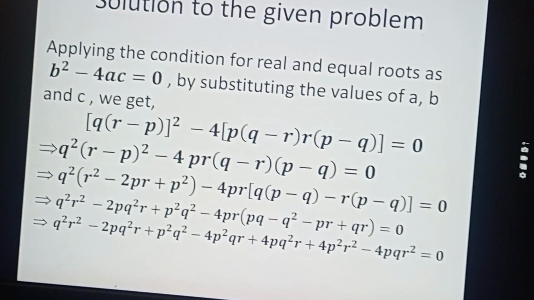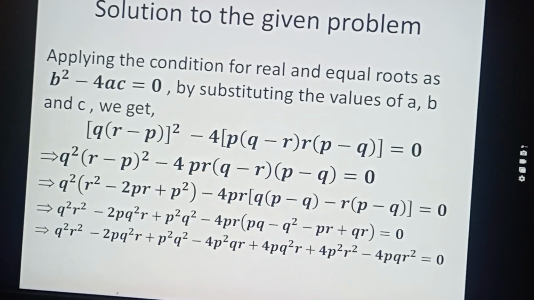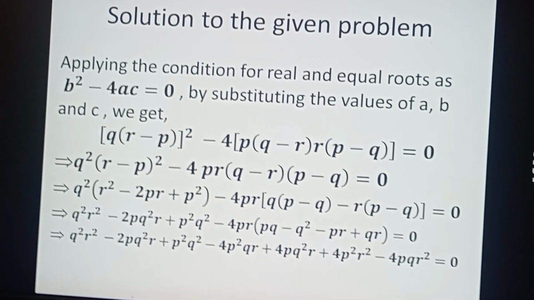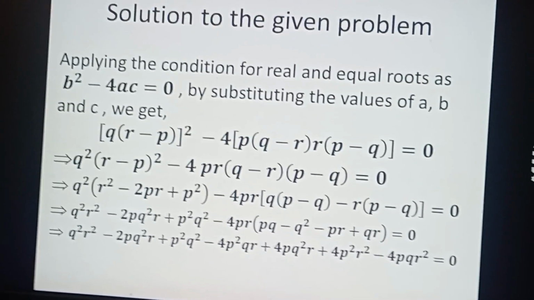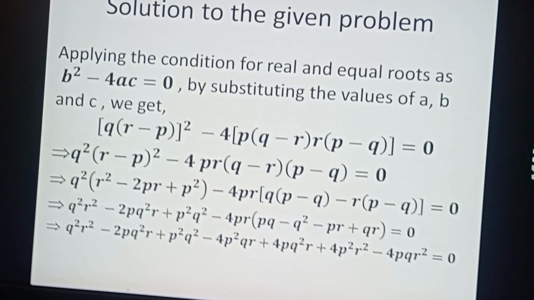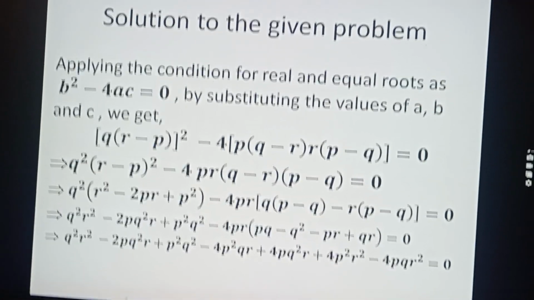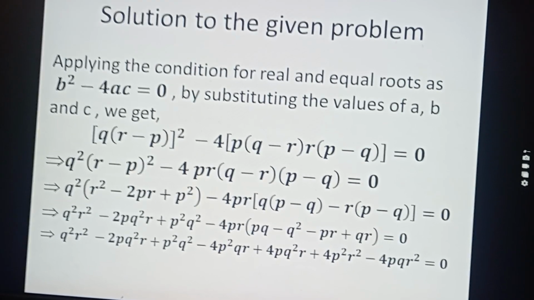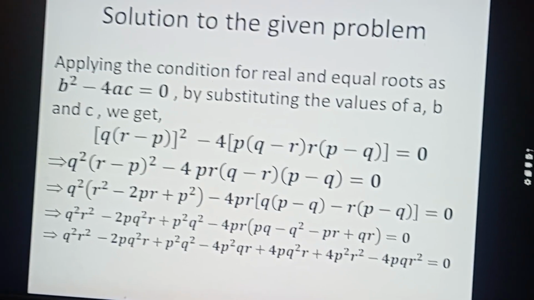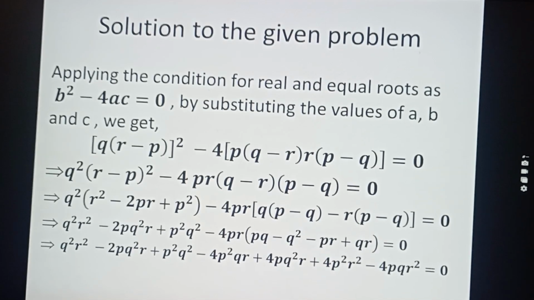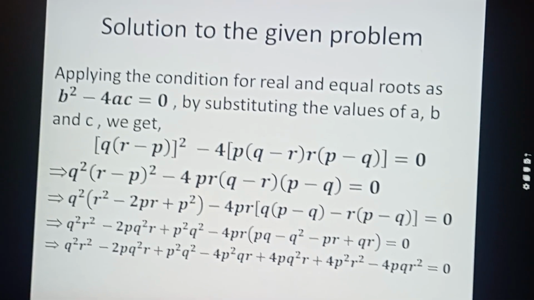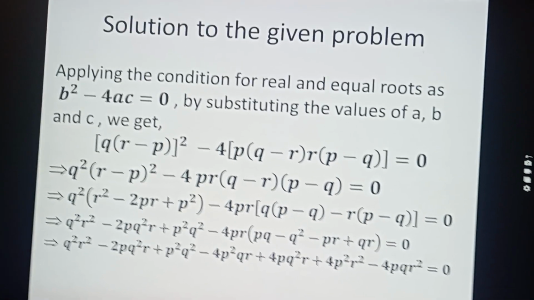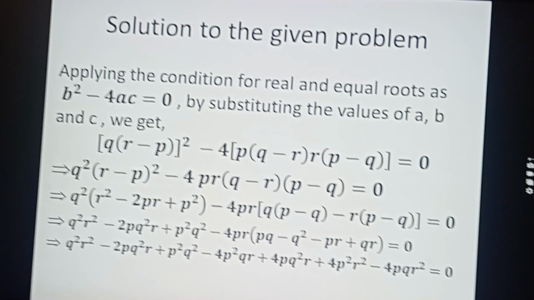So we necessarily have to use square brackets to distinguish between them. And there is also a minus sign before the 4pr, so be careful. These are the words of caution here. While simplifying, watch the change of sign and be very careful about that.